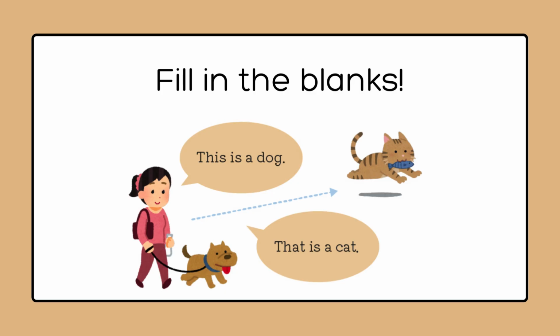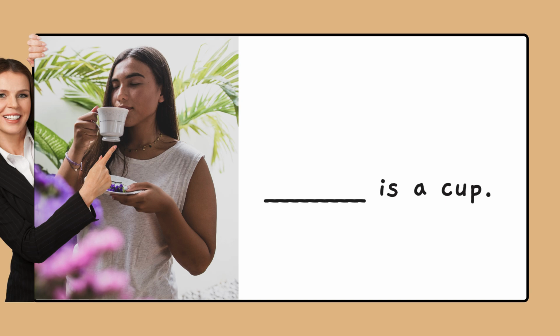Now a little bit harder. Fill in the blanks. Is a cup. This or that. This is a cup, because the lady is just next to the cup, pointing to the cup.